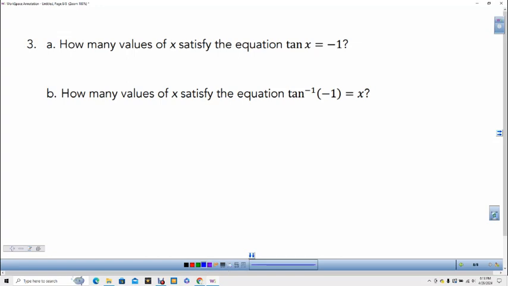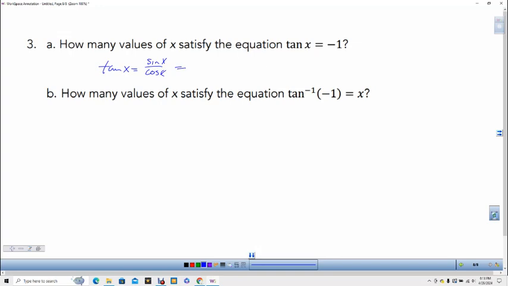All right, so how many values of x will satisfy the equation tan x equals -1? Well, remember, tangent of x is equal to sine x over cosine x.